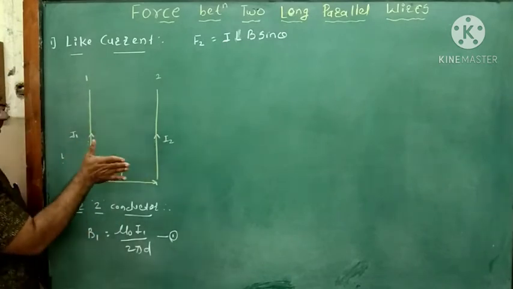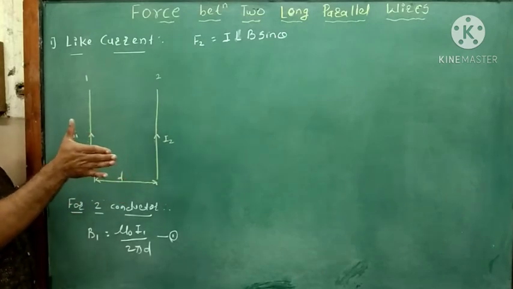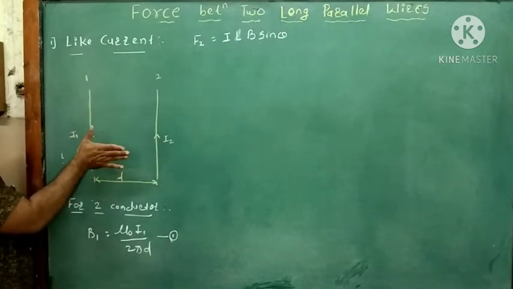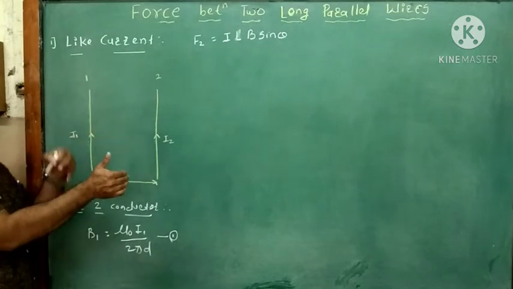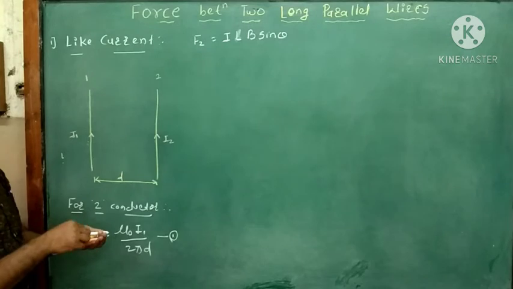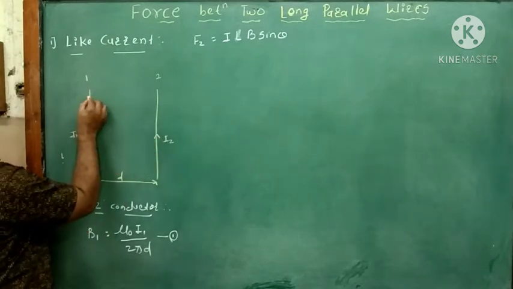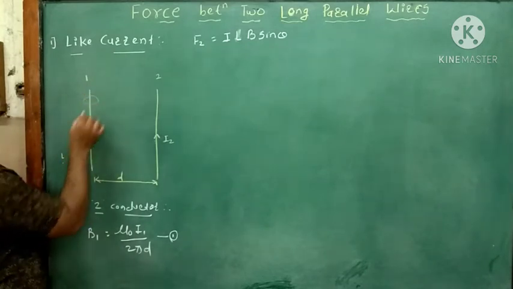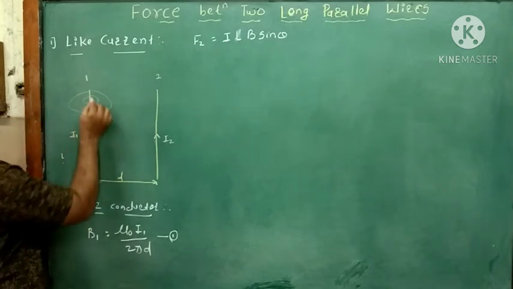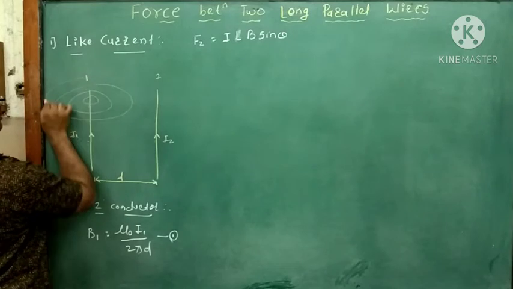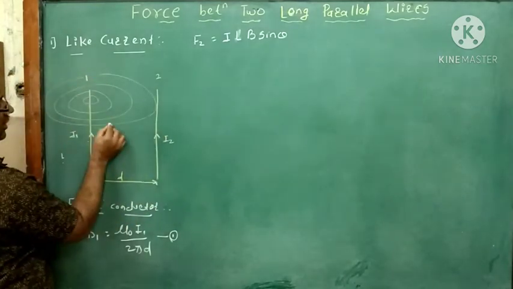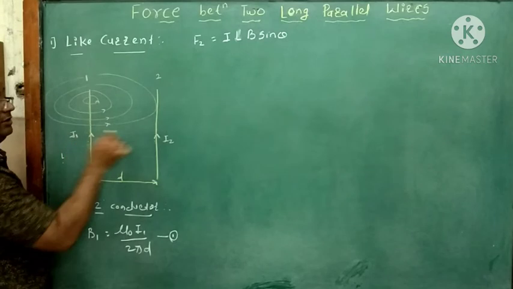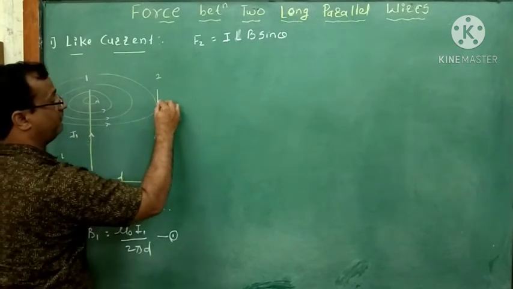If we use the right hand thumb rule, the outstretched thumb indicates the direction of flow of current, and the direction of the magnetic field is this curved one. This is the direction of the magnetic field produced by the current I1. Then at distance d, the direction of the magnetic field is this one.